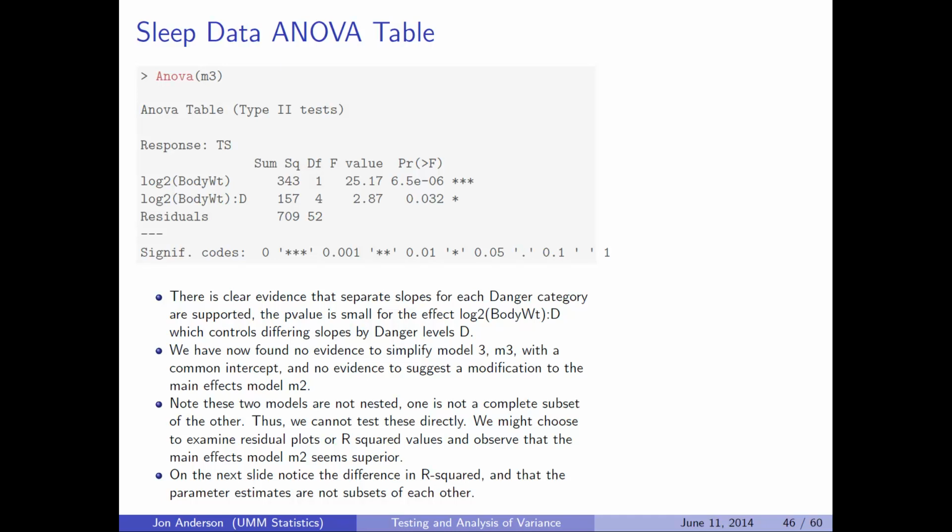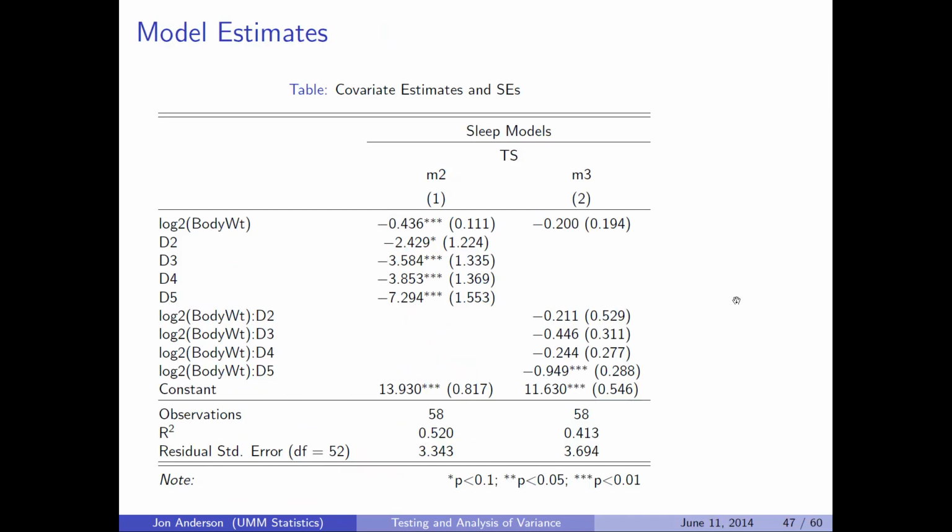When we looked at the other line of investigation, models M1, M2, and M4, we came up with the idea that M2 looked like a good choice. So right now we are stuck with two candidate models, M2 and M3, and these models are not nested within each other.